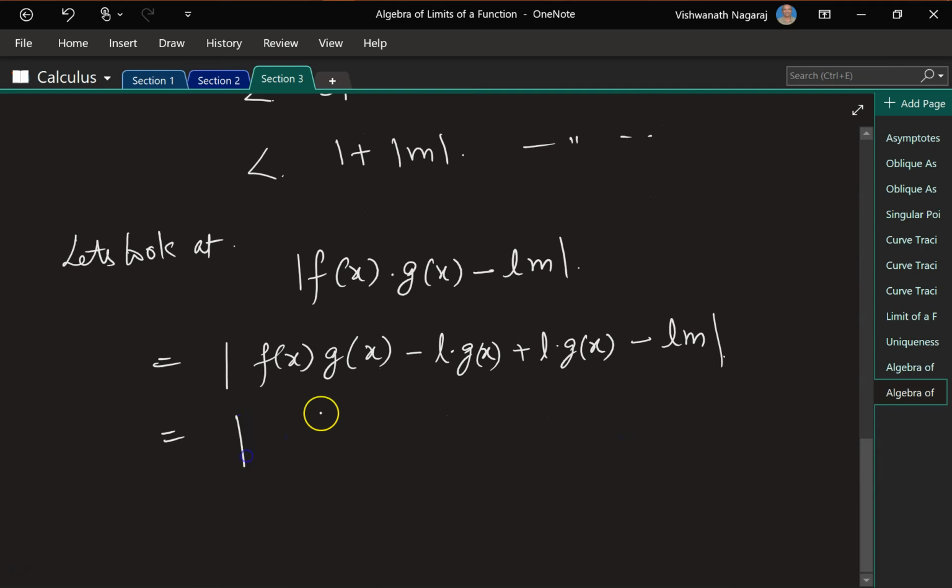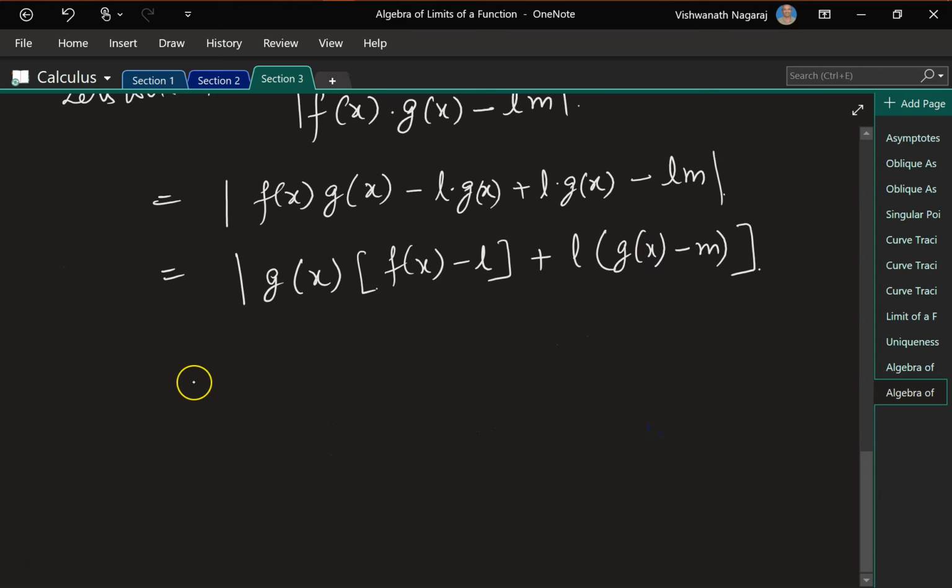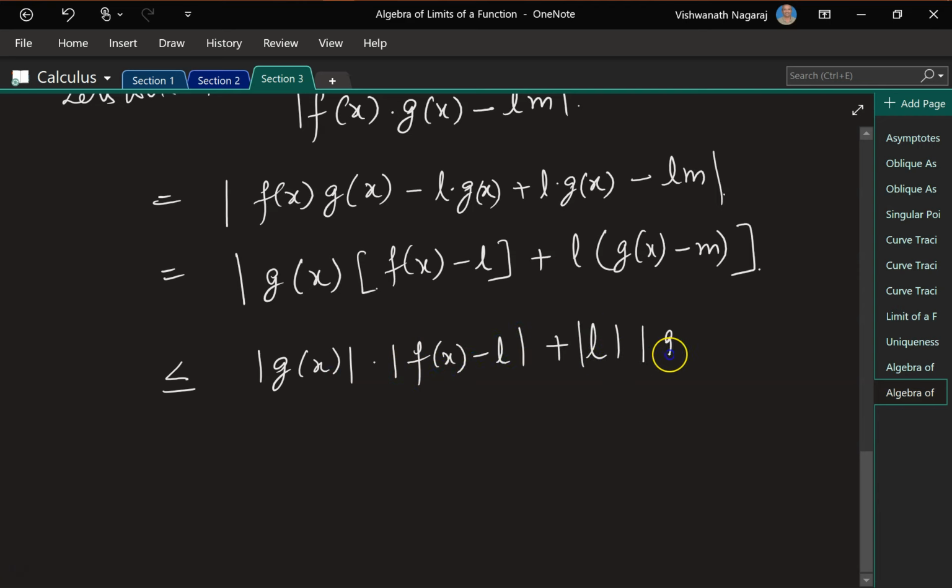Here g of x is common, so let's take it out: f of x minus L plus, here L is common, so L times g of x minus m. Let's split them up, which means this is less than or equal to the absolute value of g of x times the absolute value of f of x minus L plus the absolute value of L times the absolute value of g of x minus m.